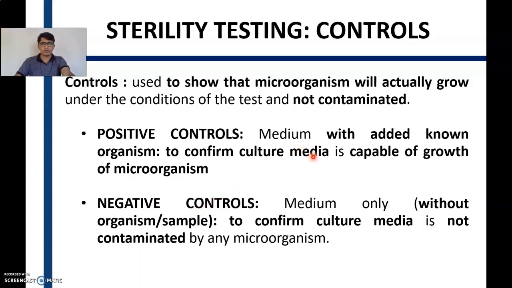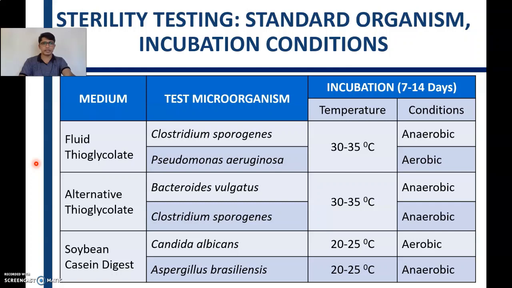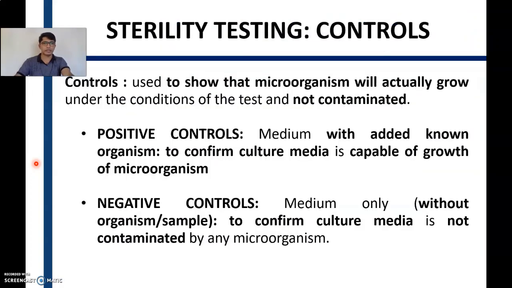In case of positive control, the medium is added with the standard microorganisms that we described here, to confirm that the culture media is capable of growth of microorganisms. And in case of negative control, we will use the culture media alone without adding any standard microorganism or any sample, to confirm the media is not contaminated by microorganisms.